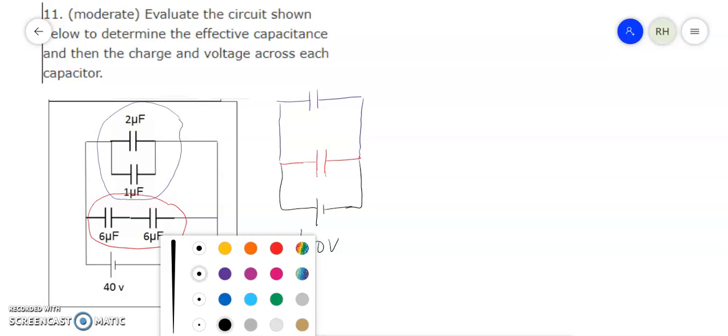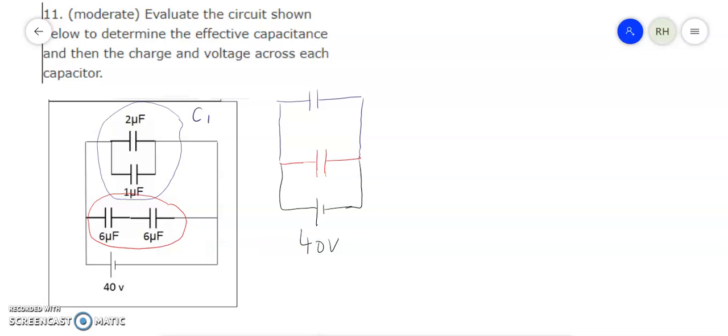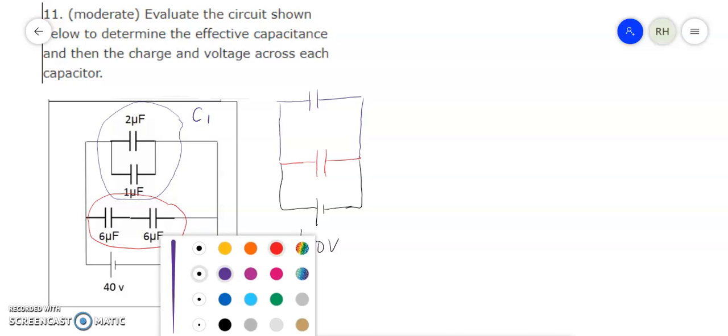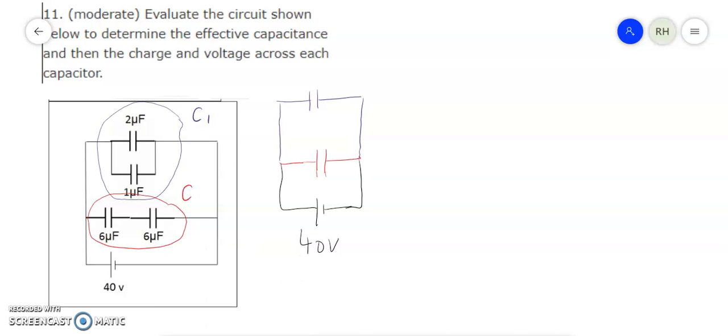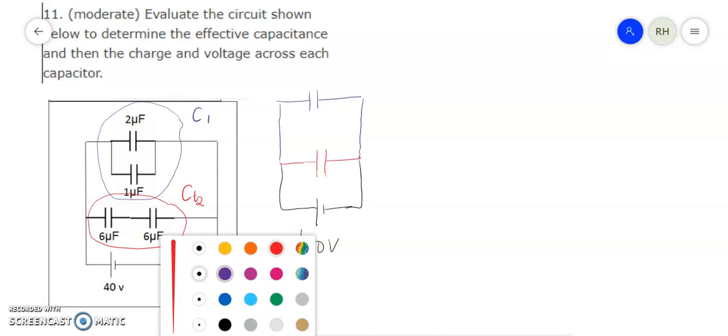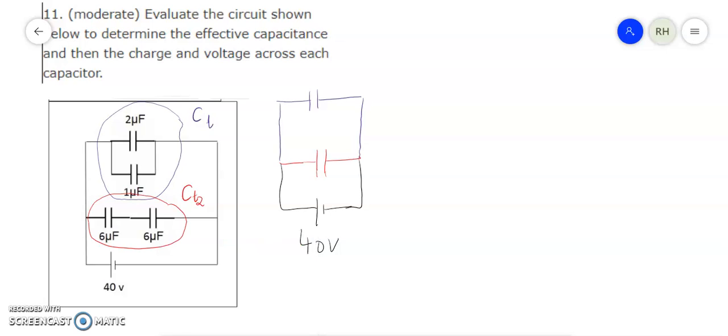Okay, so to solve, first let's name this part as C1, and this part as C2. Then we need to find, let's name it as CT1 and CT2.